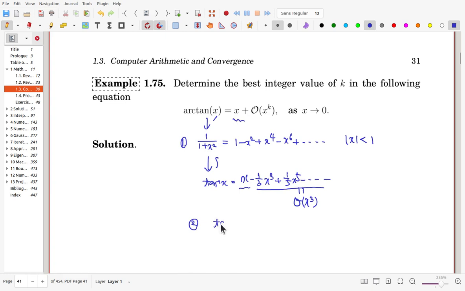Now, arctangent of x minus x, we are moving this one to the left-hand side. It's now the same as big O of x^k.